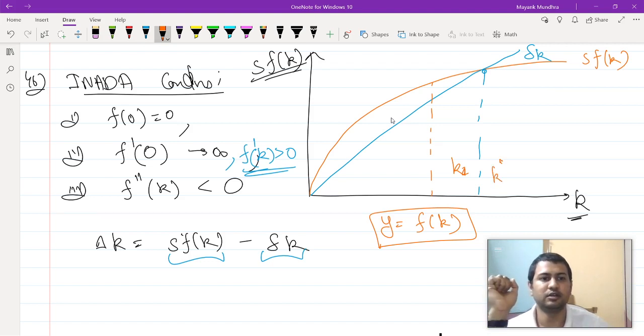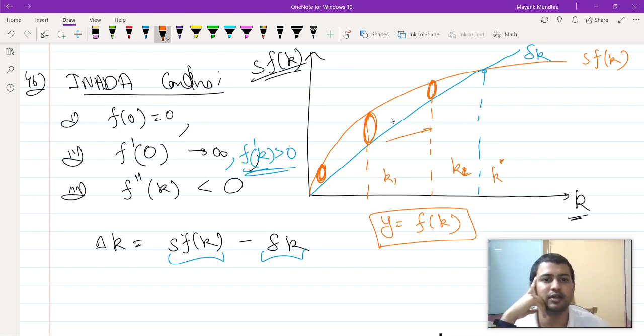So this is your k star, this is k2, and this is k1. Rate of change of capital is larger here and it is smaller here. So the difference between s f of k and delta k is larger here, but also smaller here.